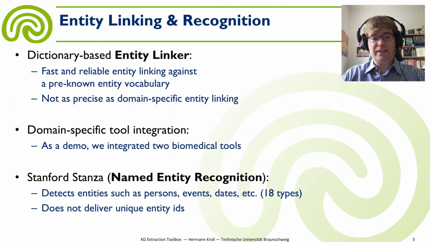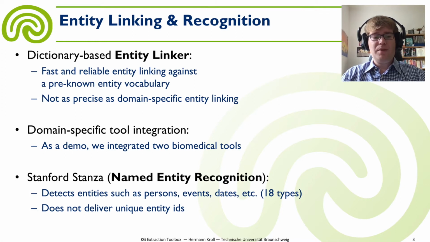Besides entity linking, we support an interface to Stanford Stanza. Stanford Stanza performs named entity recognition by detecting entities such as person, events, dates, locations, and more in the text. So in sum, they can detect up to 18 different entity types.